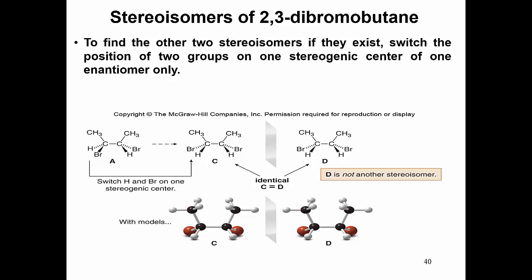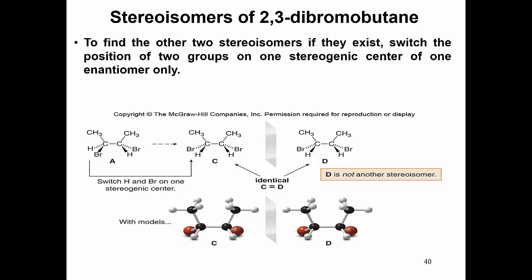Then you switch the atoms on one of the two stereogenic centers. That creates a new compound C that is a diastereomer of A, because A and C are not mirror images. Then we draw the mirror image of C to see if it too has an enantiomer, just like A has B. What we see is that the mirror image of D is the same as C.